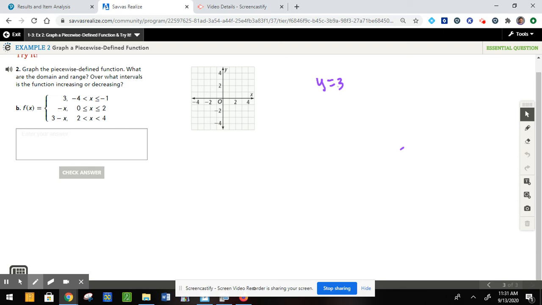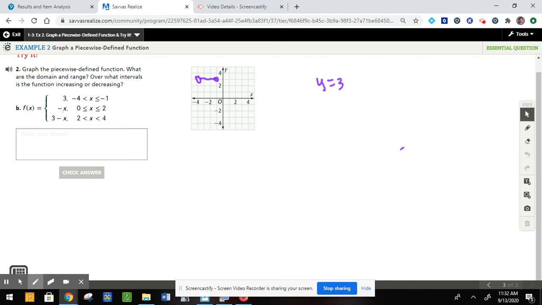So when x is -4, the y value is going to be 3. That's going to be an open circle because x is greater than -4, not greater than or equal to. And then over at -1, it's going to be a closed circle. It'll just be a horizontal line at 3 between them.